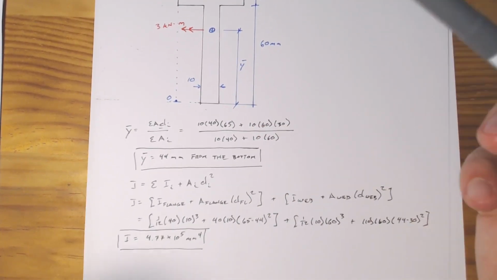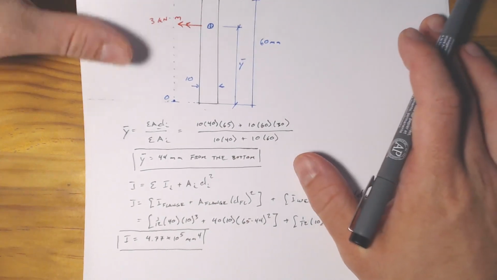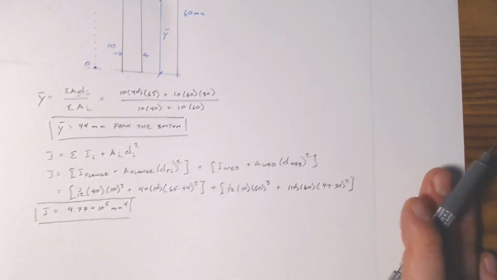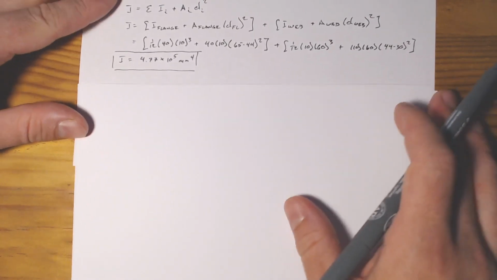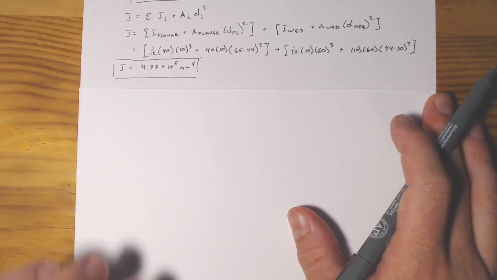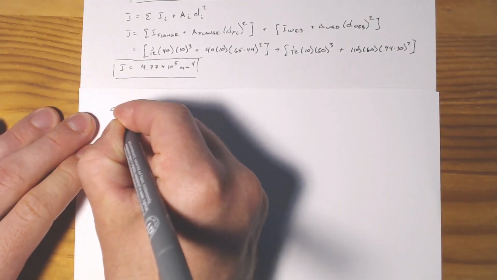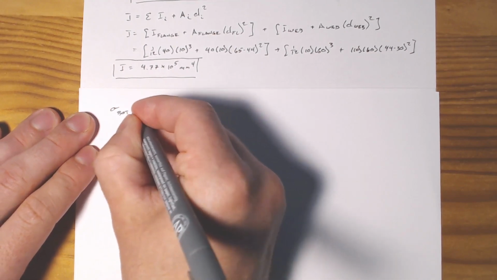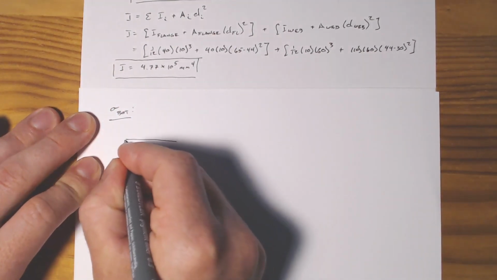If what we're trying to find is our bending stress, well, we have sigma equals My over I. So we can go ahead and try to work out what our bending stress is at various points in the cross section. So if we start with looking at the stress at the bottom of the section, we'll just go ahead and draw a picture here.